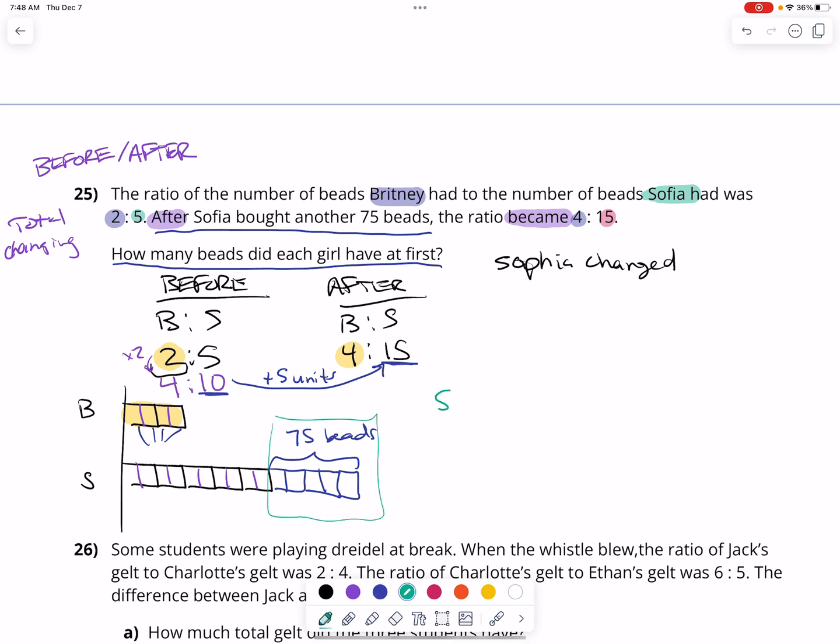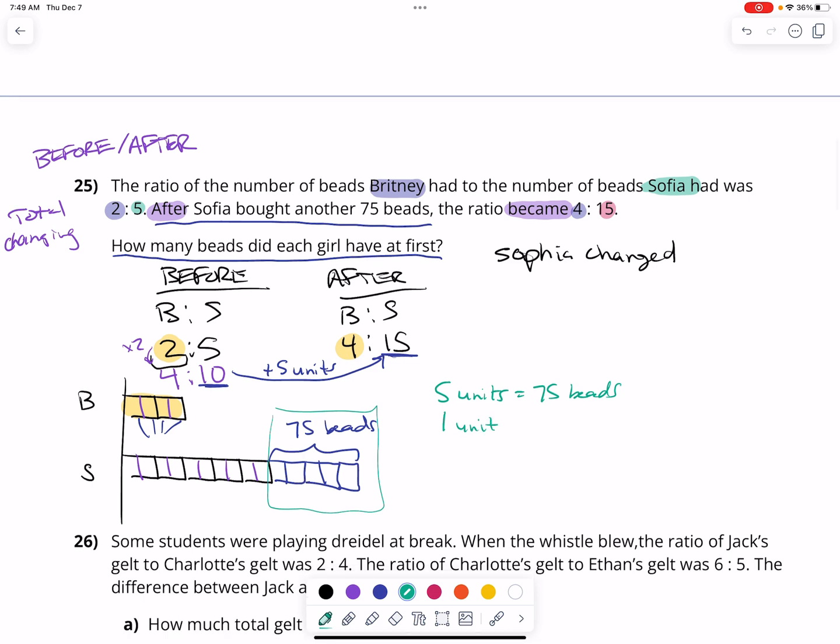If we know 5 units is 75 beads, we can figure out that 1 unit is 75 divided by 5. In my head, I'm thinking this 75 is a 50 and a 25, because 50 divided by 5 is 10, 25 divided by 5 is 5, so our answer is 15. So each one of these little units here is 15 beads.